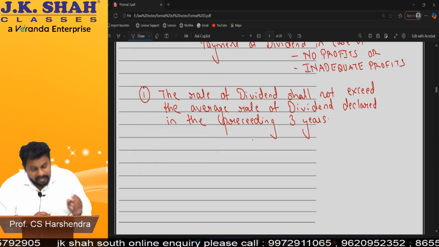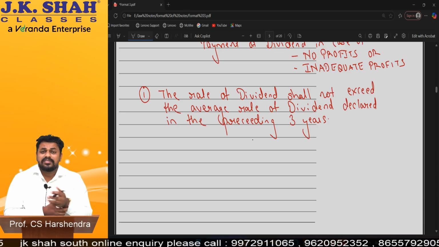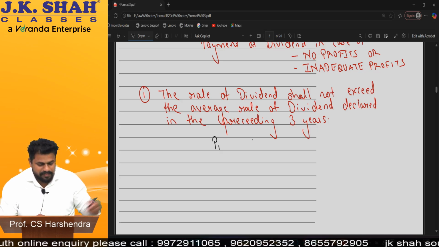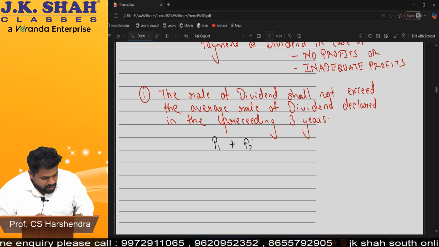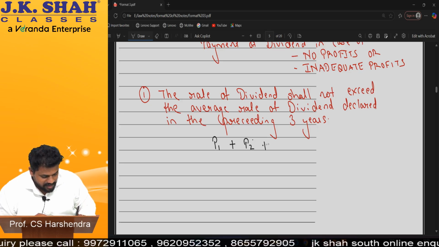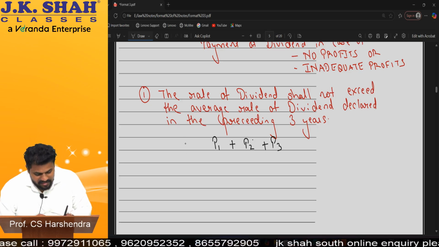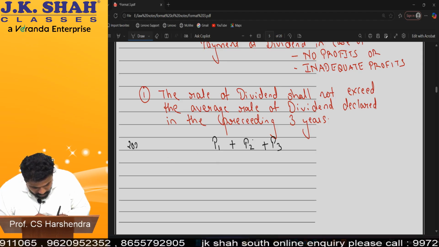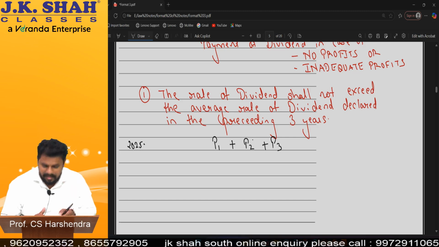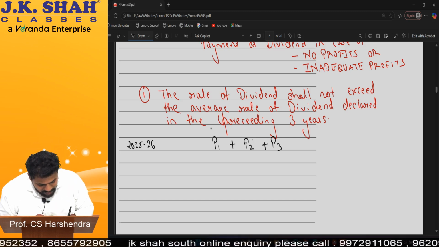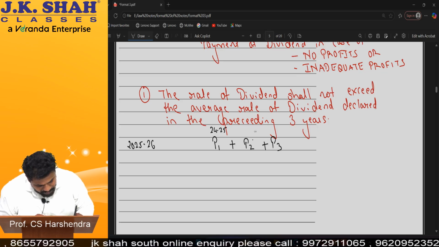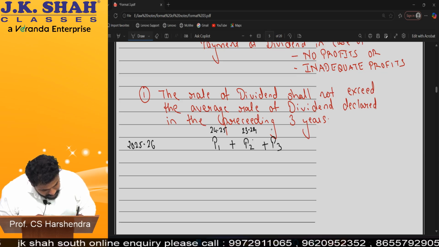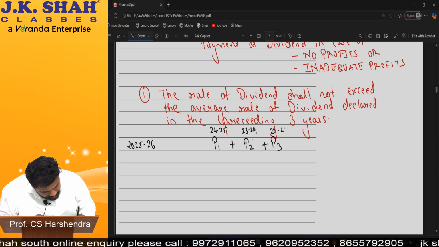For example, this year I have to give dividend and my company is into loss, but then too I have to give dividend. Then I will take the preceding year P1 plus P2, the year before that, plus P3. This year is 2025-26, so I'll see 24-25, then 23-24, then 22-23.